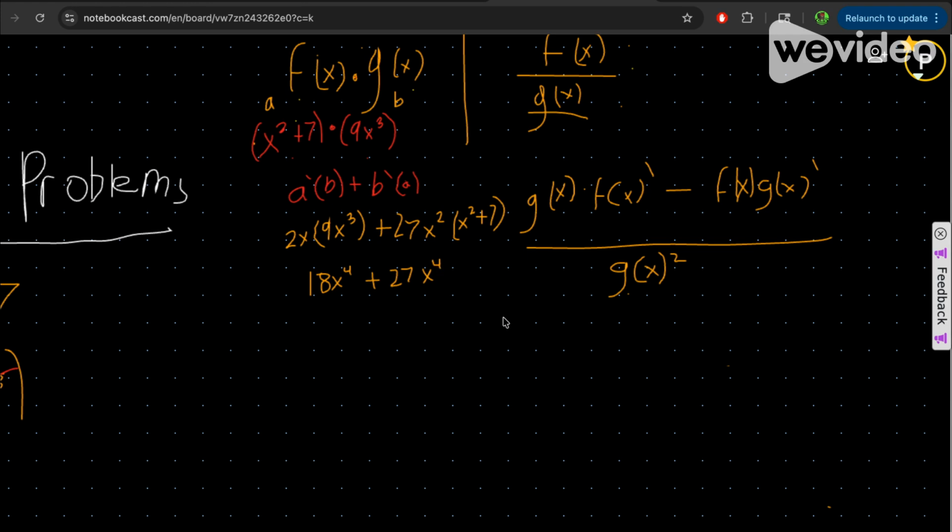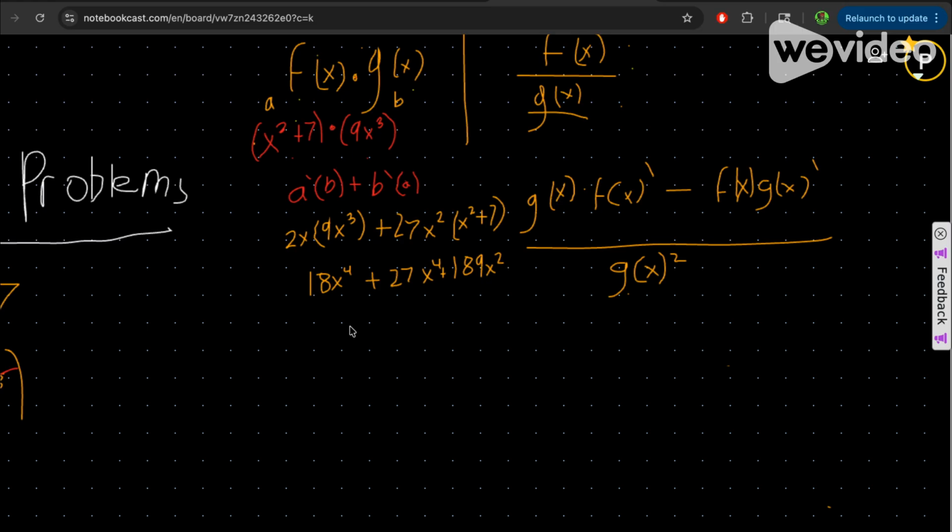Plus 27x squared times 7, which is 189x squared.